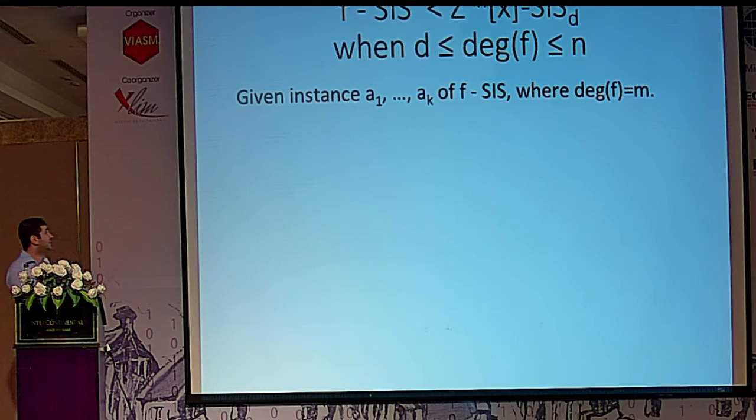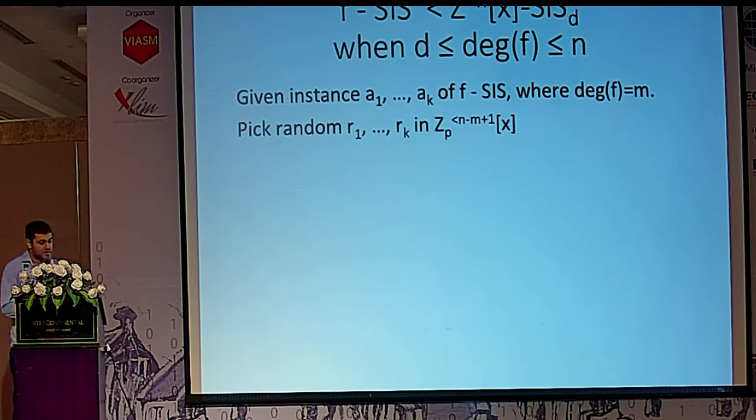So let's say we're given an instance of F-SIS for some polynomial F, and this just consists of k polynomials. What I'm first going to do is pick random polynomials. If the degree of F is small, I want to make it bigger: if these are random polynomials of small degree, I want to convert them to random polynomials of big degree. So I'm going to use these r_i to fill out these polynomials.